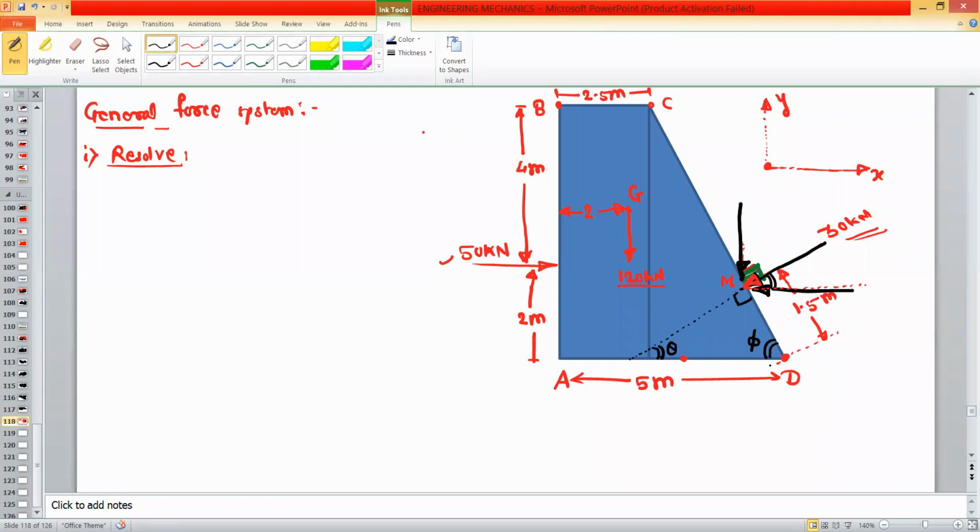Okay, so this phi angle, let us take this point as a point P. Okay, so this will be tan inverse CP divided by PD. Okay, so PD distance is equal to 5 minus 2.5. So this is equal to 2.5. And this PC distance is equal to 4 plus 2, that is 6. Okay, so I will write tan phi is equal to, just I will draw the figure.